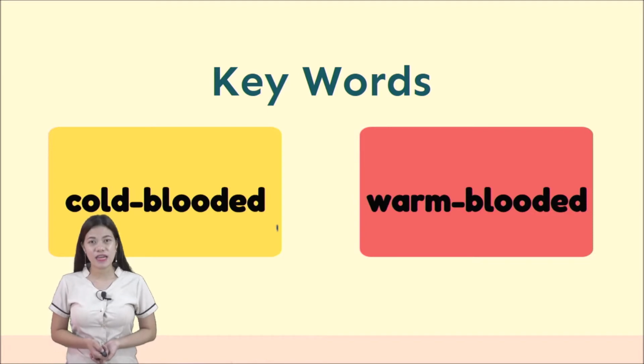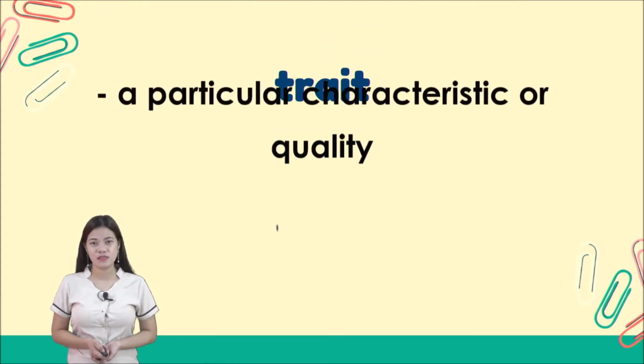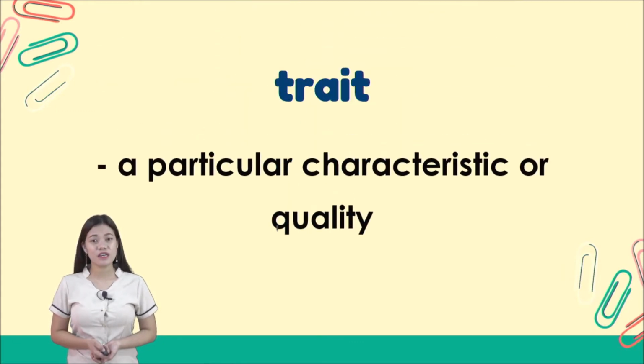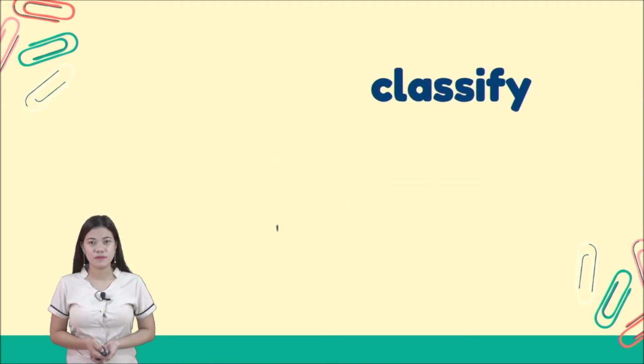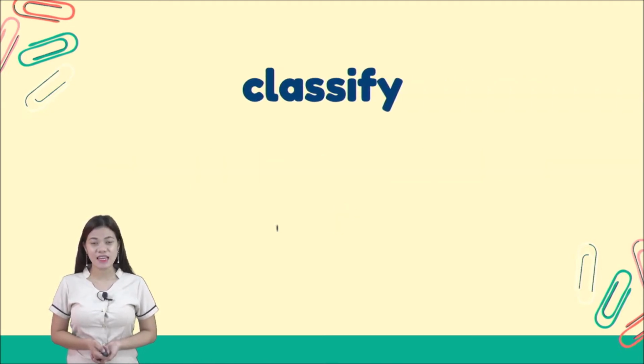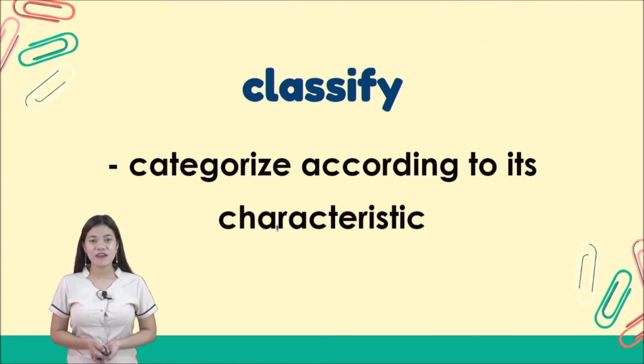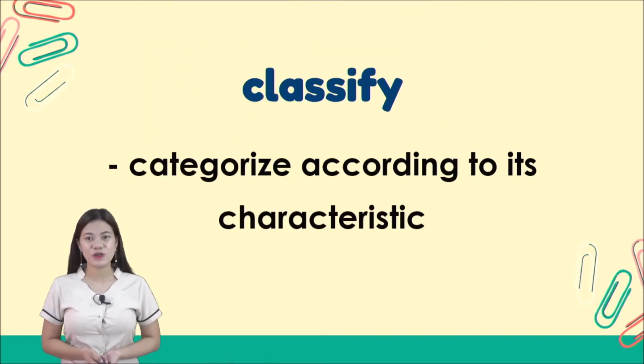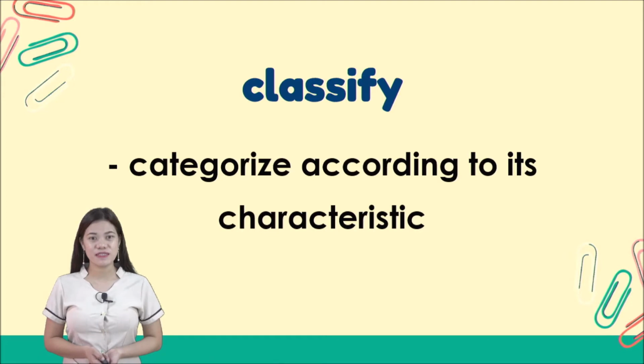Now, let us find their definition. Trait, what does it mean? It is a particular characteristic or quality. Next, we have classify. Classify is categorized according to its characteristic.